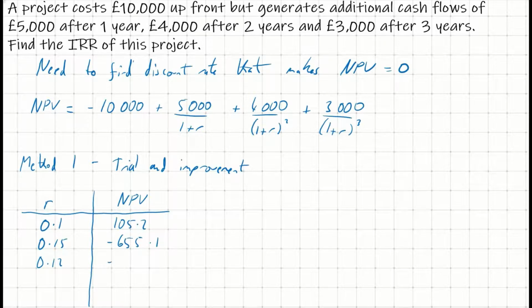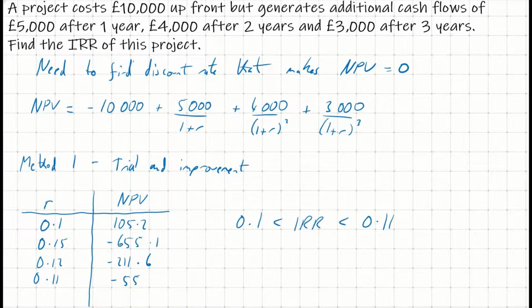We get minus 211.6. If we try 0.11, we get minus 55. And so we realize that the IRR is going to be between 0.1 and 0.11, so 0.1 is less than the IRR, which is less than 0.11.